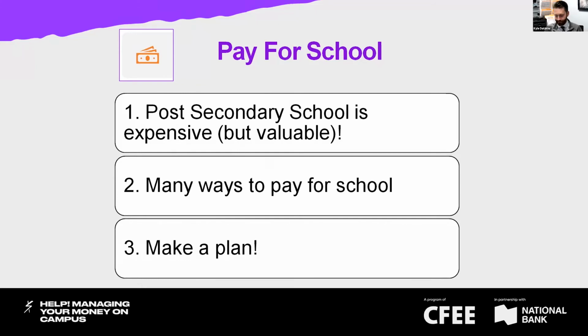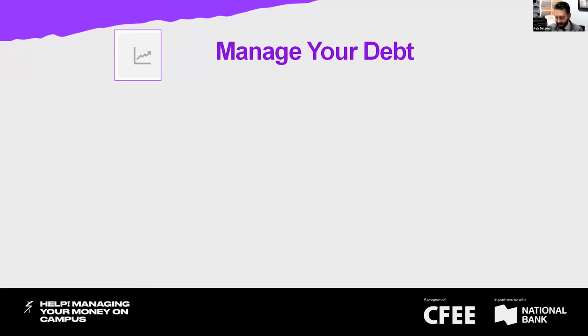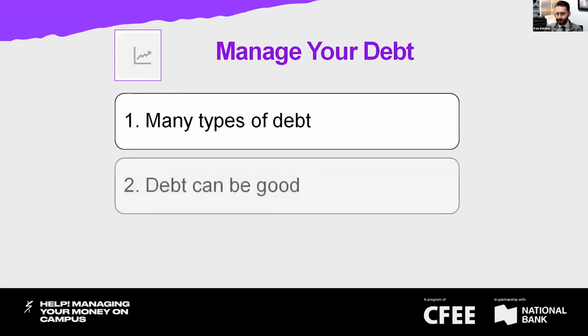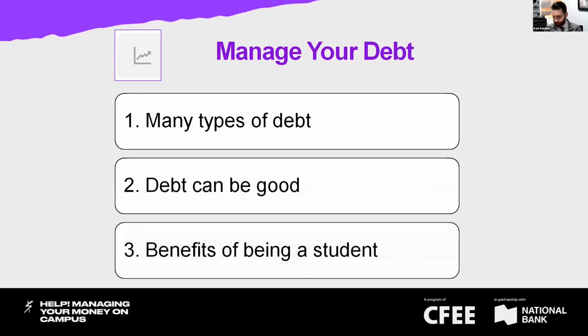We went over managing your debt. There are many different forms and features of debt. Make sure you read the contract before borrowing money. Understand what you're borrowing and what you're getting after. Number 2, debt can be good, and there are many forms of it, like paying for school, buying a house, buying a car, etc. And there are benefits in being a student.